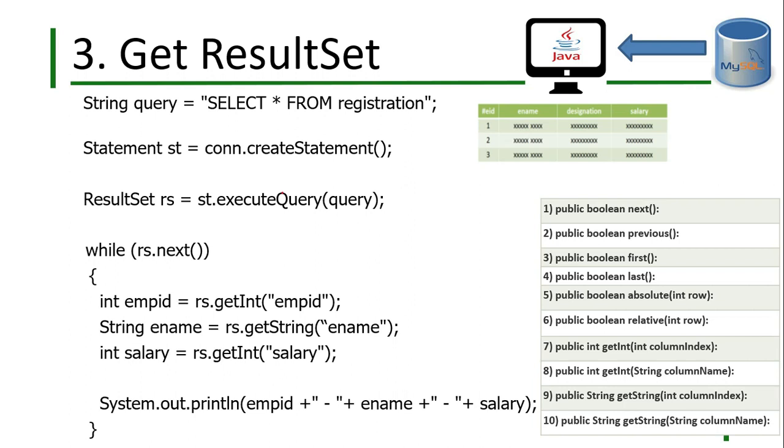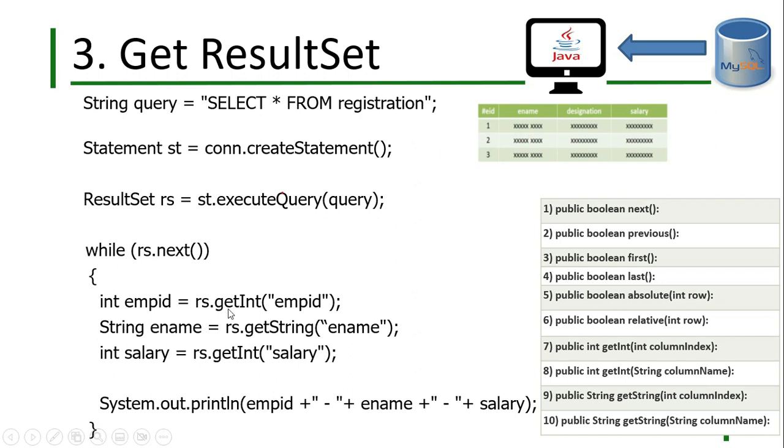So how can we retrieve that data? We can retrieve that data with the help of ResultSet functions. I have created a ResultSet object over here, and with the help of a function like next, we can point to the first record which has been stored in this ResultSet.